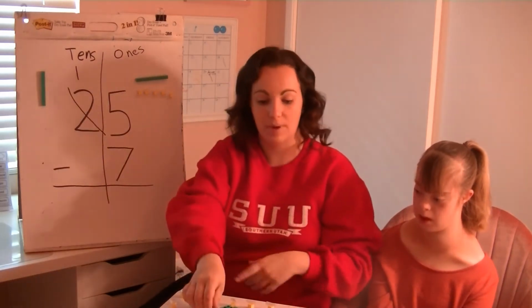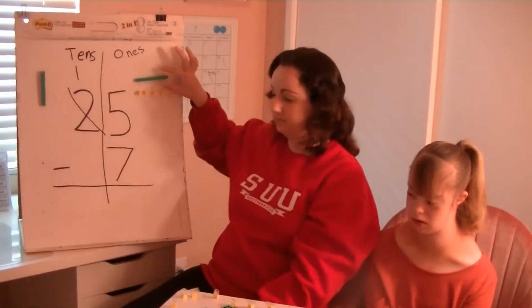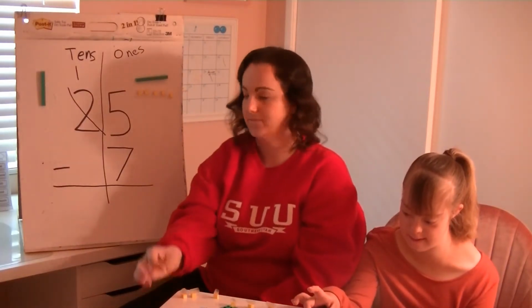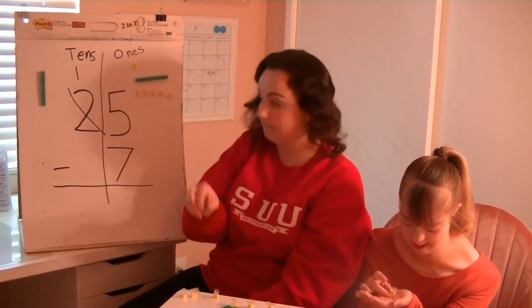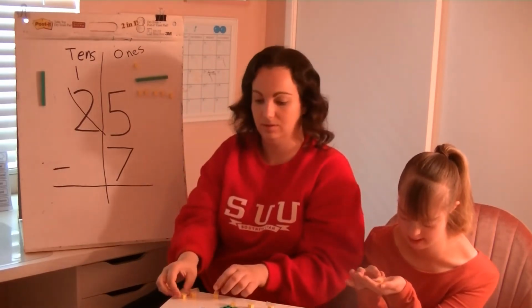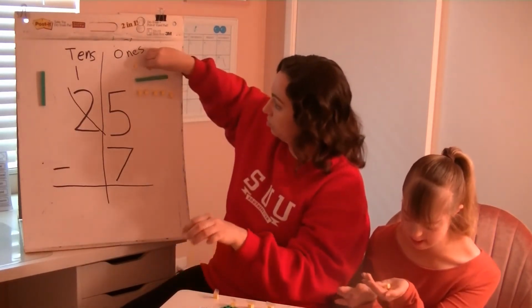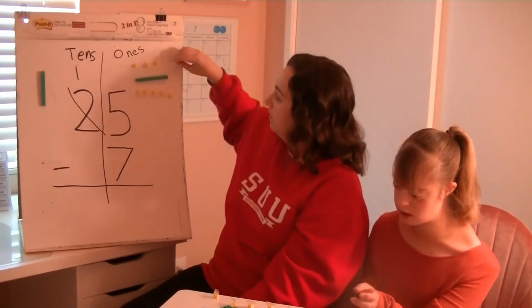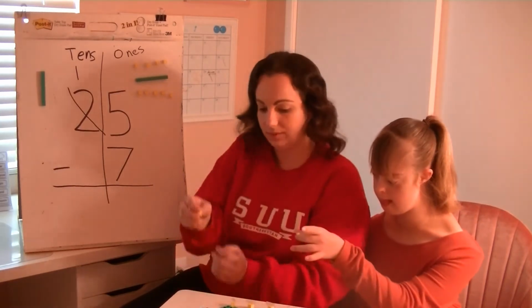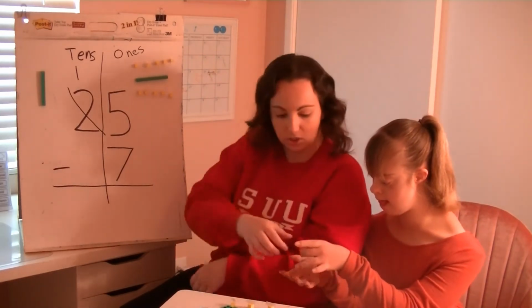So Kaylee, will you help hand me 10 ones to put up here? Right here. Yeah. So this 10 rod changes into 1, 2, 3. Oh, thank you. Keep going. 4, 5. Good job. Thanks, Kaylee.